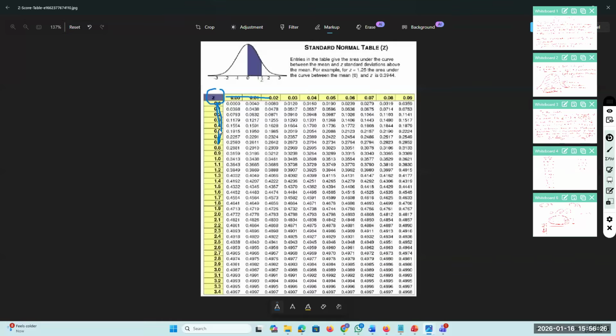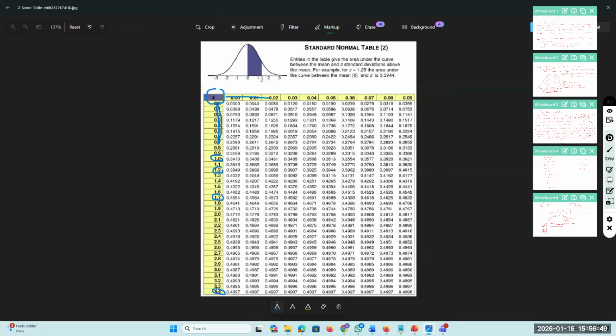I hope you can see the table on your screen now. So you are going to look for the first two numbers. It means it's this side, and then 1.0, 1.2, 1.3, 1.4. I hope you are seeing that, right?